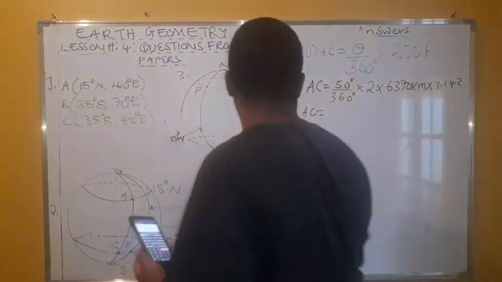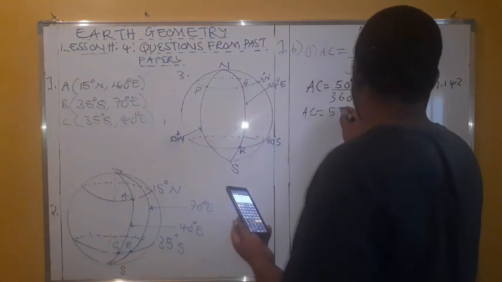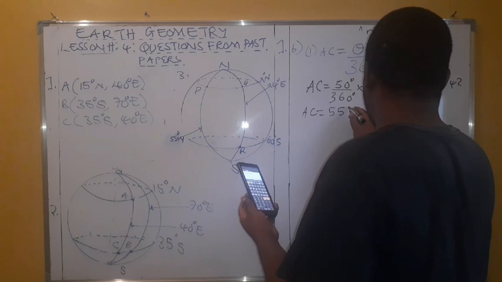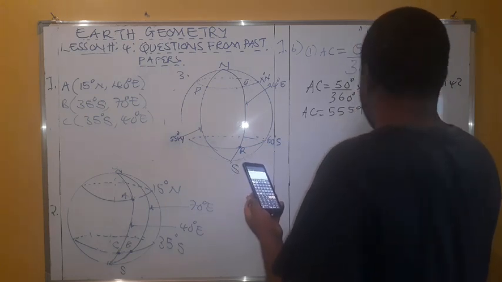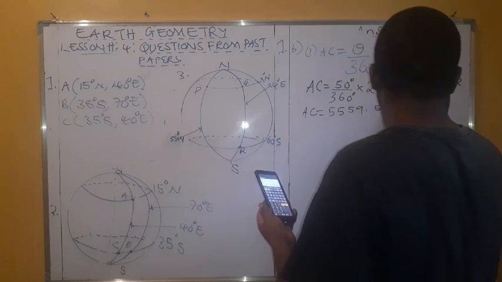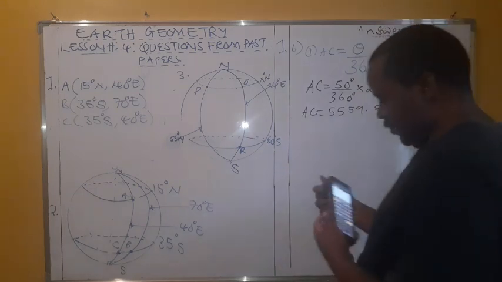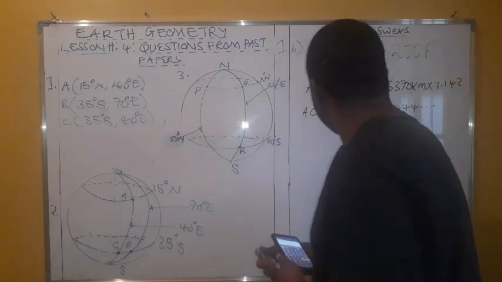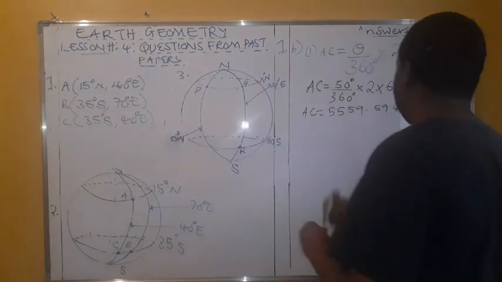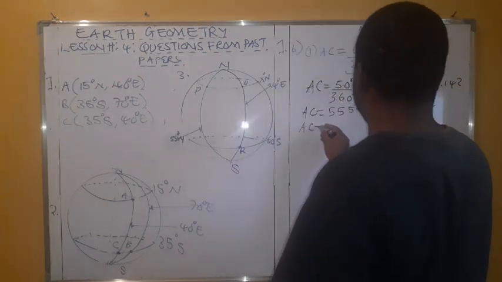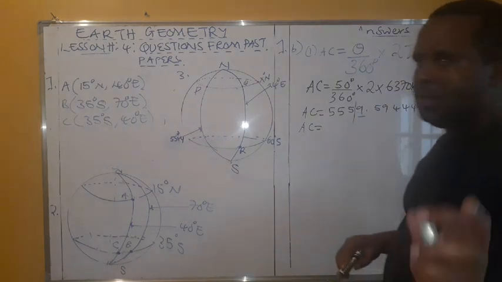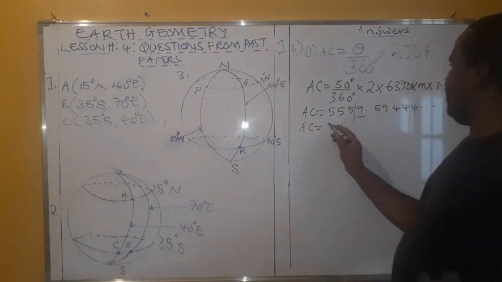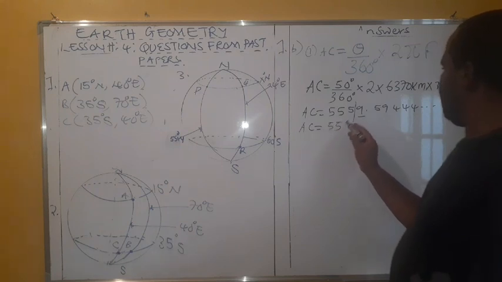Okay, so we have got 559.59. There are some numbers there. You can round this off to 3 significant figures. So 1, 2, 3, you chop here and consider this one as 1. 1 plus 5 is 6, so I've got 5, 5, 6.